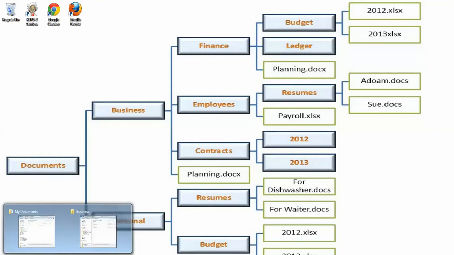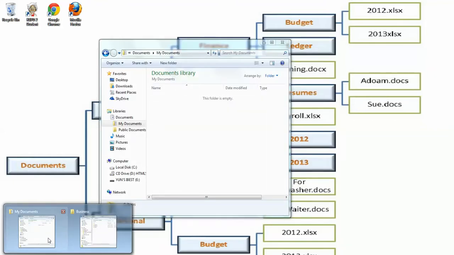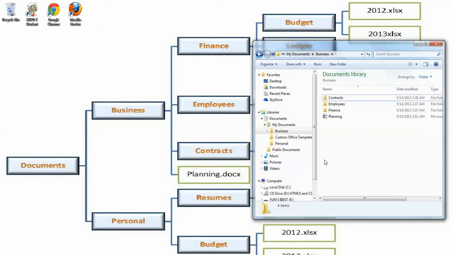And let's go back to Windows Explorer and take a look at it, right there. So I have these three folders, and then I have the Word file. I'm basically mimicking this plan: finance, employees, contracts, and planning.docx.